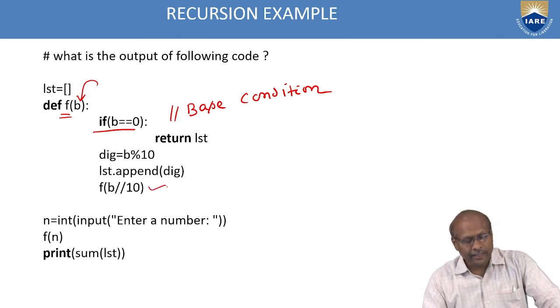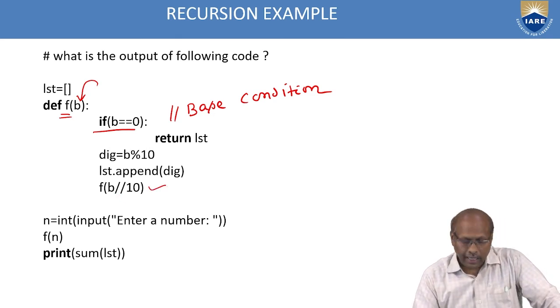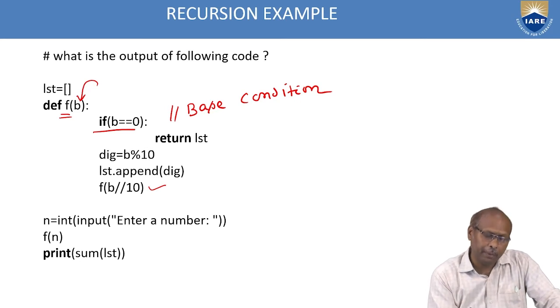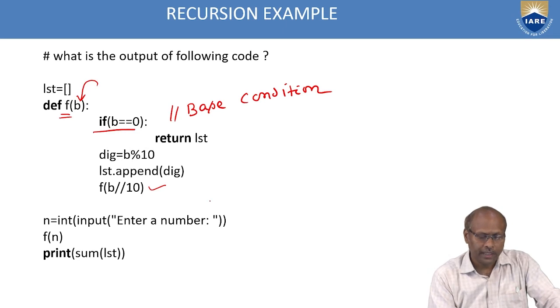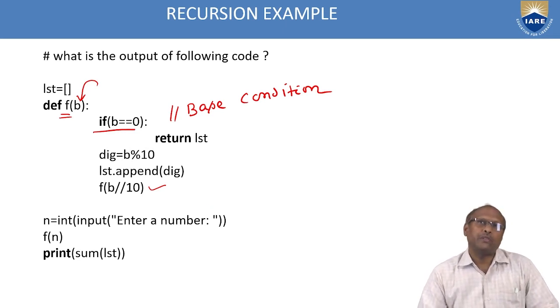So that means when the function is returning, it performs nothing later on. So this also comes under tail recursion. Now f is calling f, so it is my recursive program. But they are asking what is the output of the code?